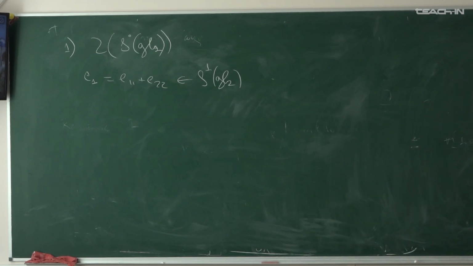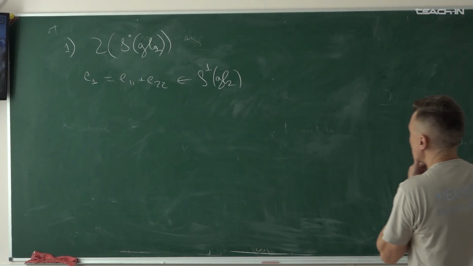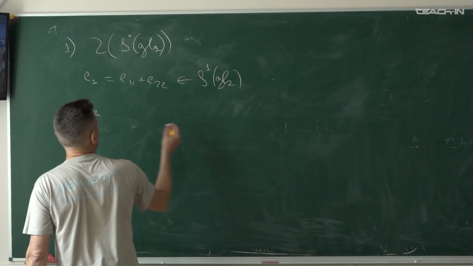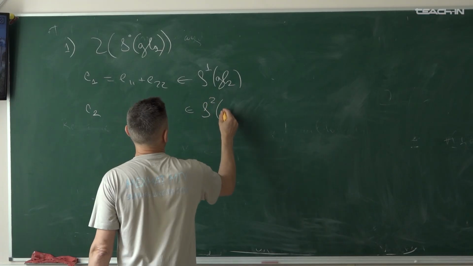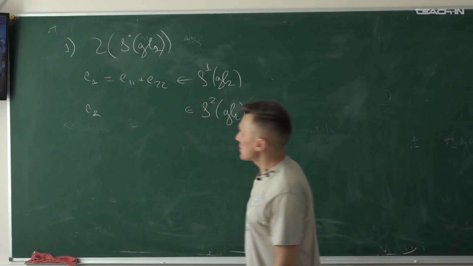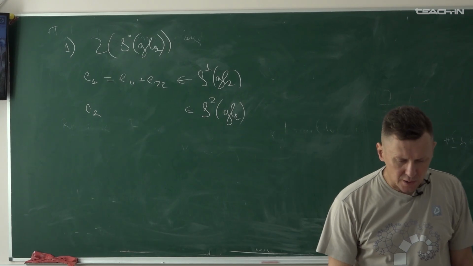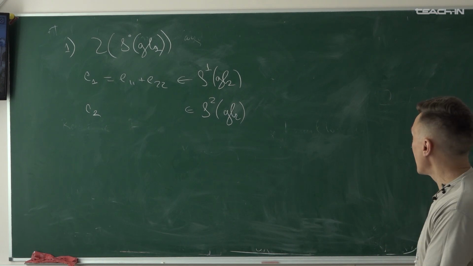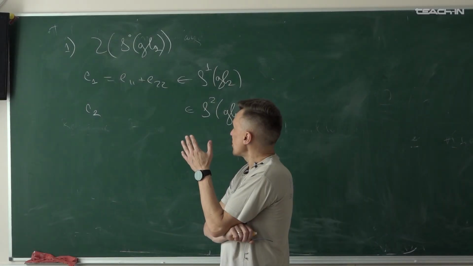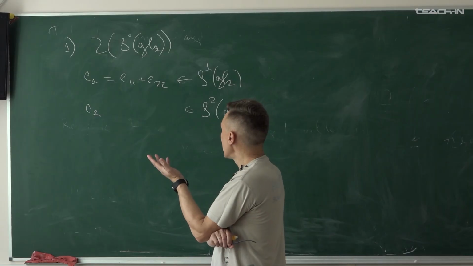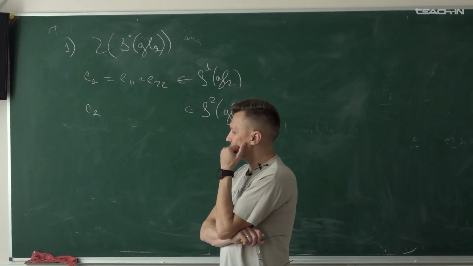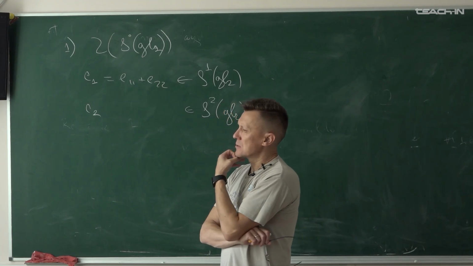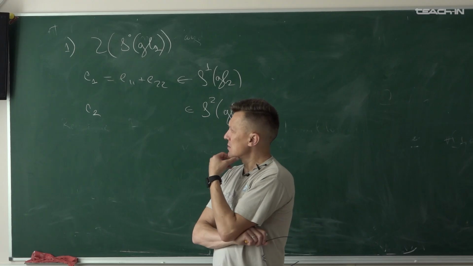Okay, let us describe the central elements in S2 of GL2. So we are interested in homogeneous polynomials of second degree, which are central in our Poisson algebra. Do you understand that the description of the center could be reduced to the study of homogeneous parts? Yes.